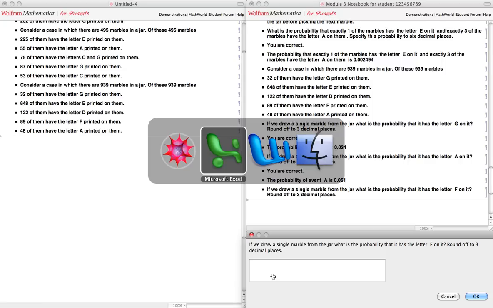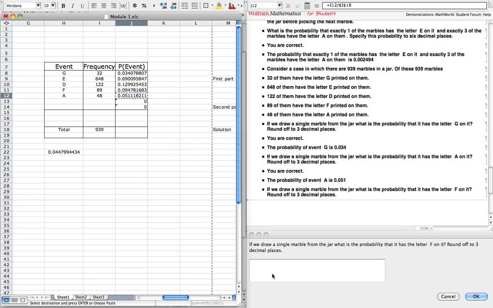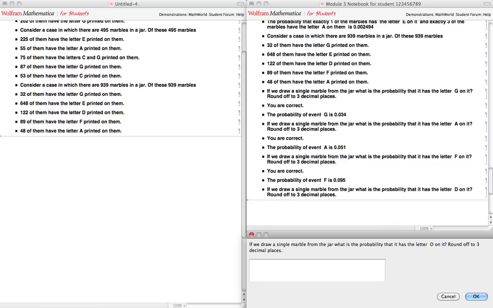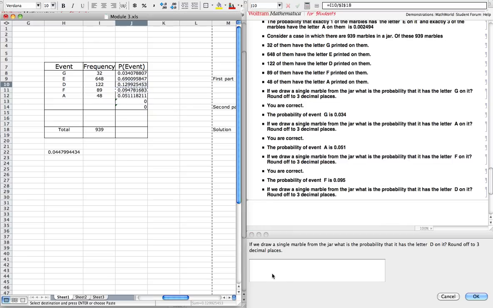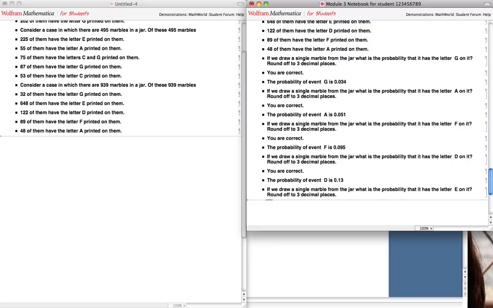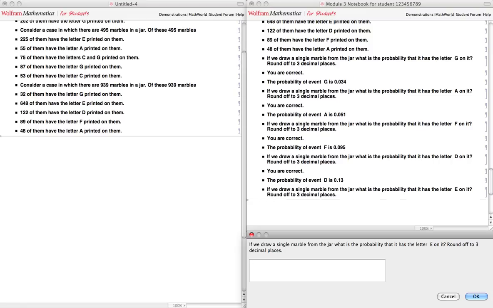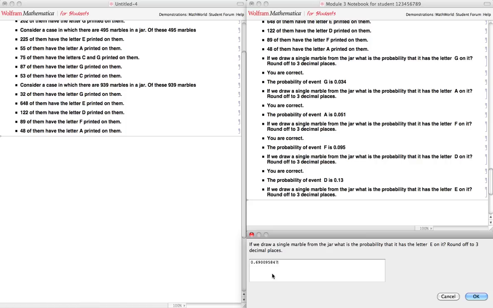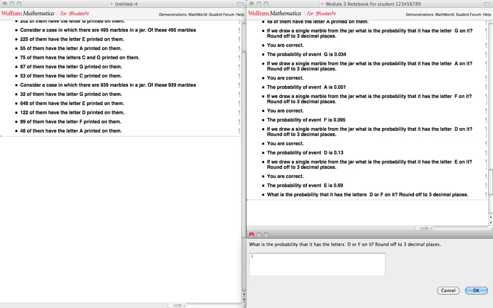Finally it's F, and D. Alright, so that wasn't very difficult at all. The next one is a little bit more difficult, but again, it's very easy.